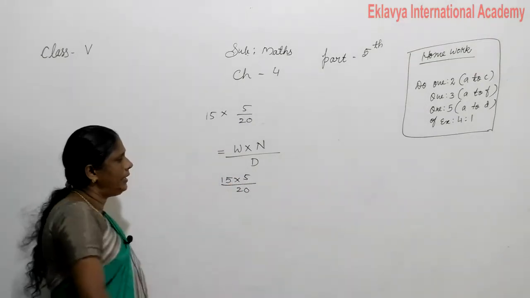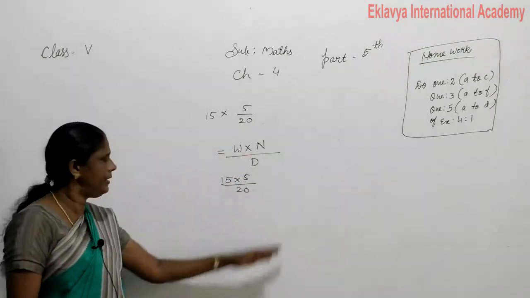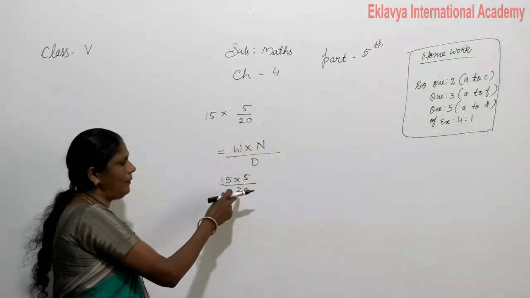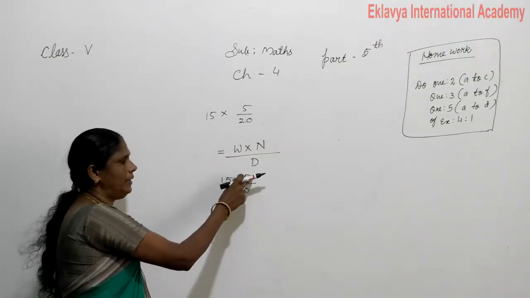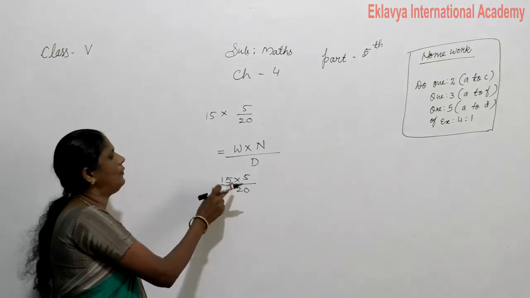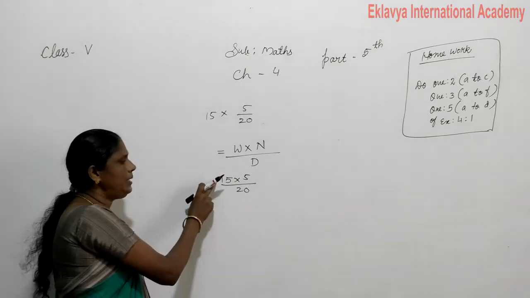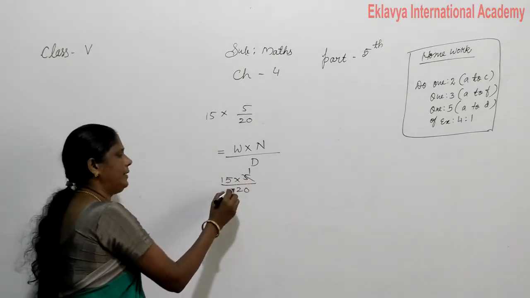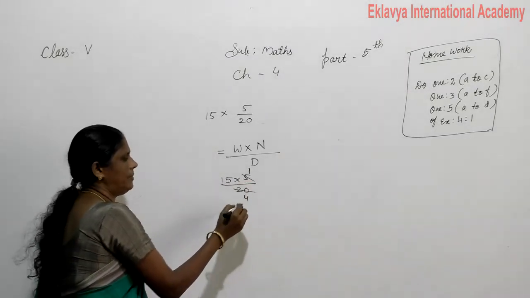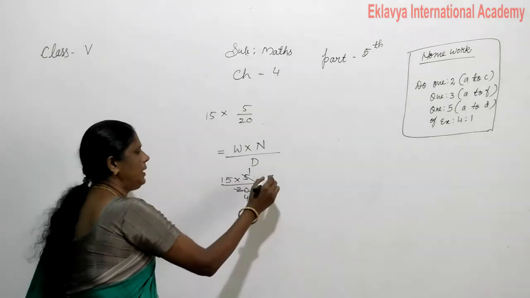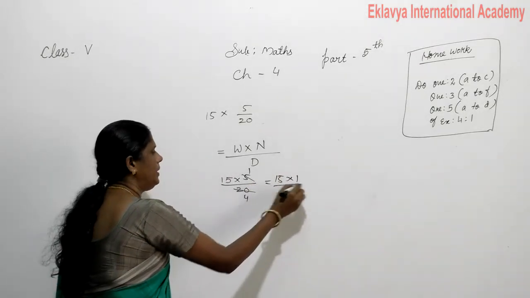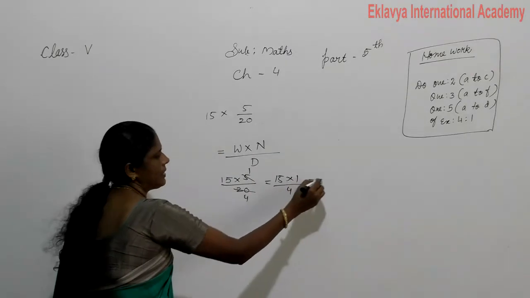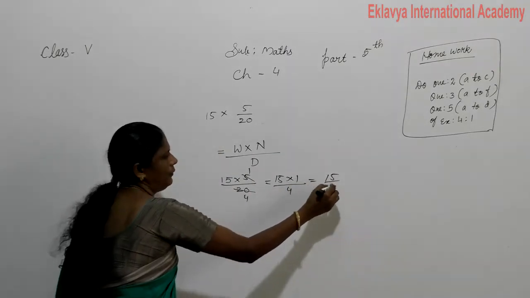Is there any common factor here? Yes, 5 is the common factor of 5 and 15 and 20. Here 5 goes 1 time, here 4 times. Now 15 into 1 is 15, so it equals 15 upon 4.